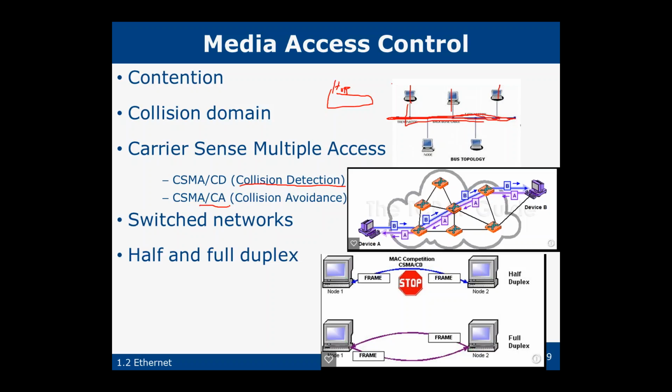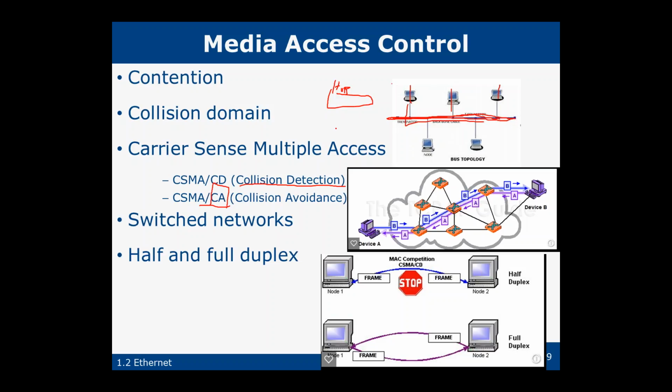Collision avoidance is what wireless uses, and it kind of slows wireless down, because the wireless NIC has to request permission to send, and then it gets permission to send, and it sends the data, and it goes through that process over and over again.